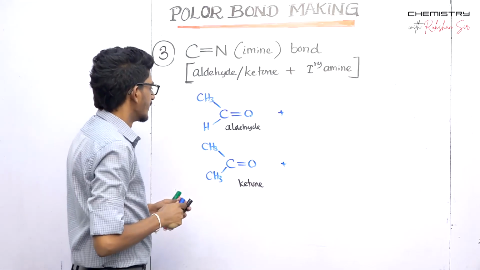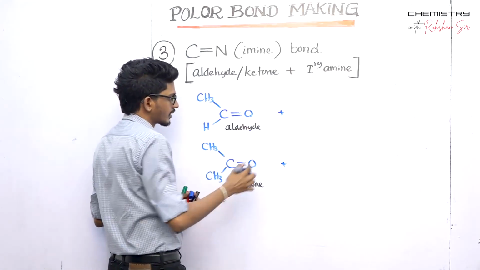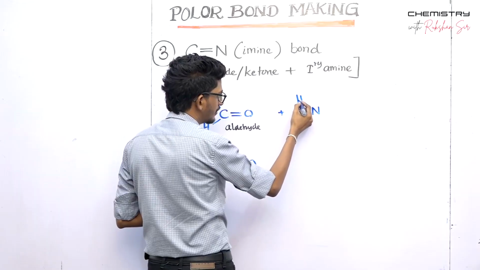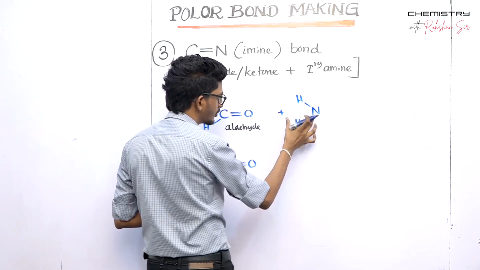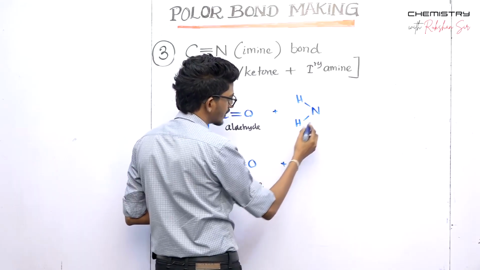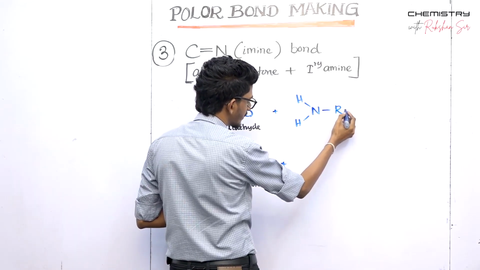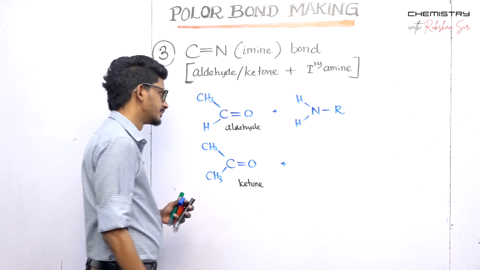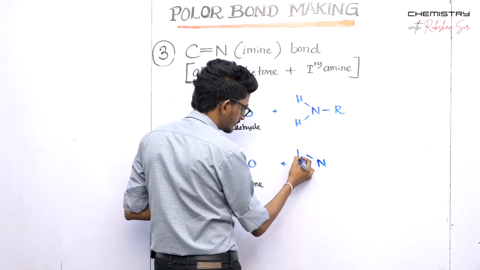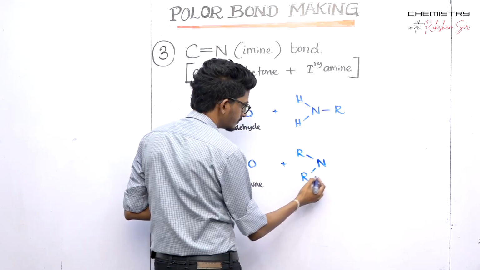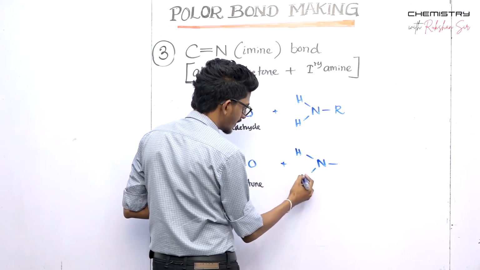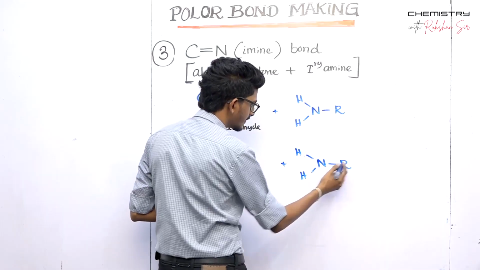If you react this with a primary amine, primary means you need to have two hydrogens, like this. Primary amine, two hydrogens are definitely needed.